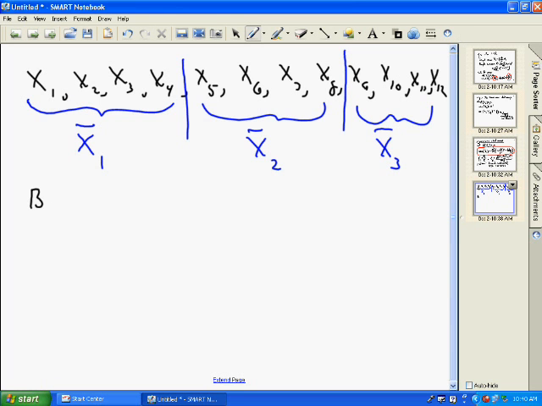So what I'm talking about is called a batch mean process.